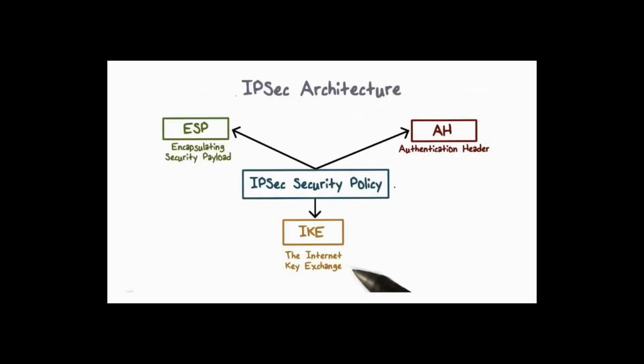Here's also a figure about IP security, which we explained as one of the enforcement points. IP security has two components. The first is called Encapsulating Security Payload, and the second is called Authentication Header.